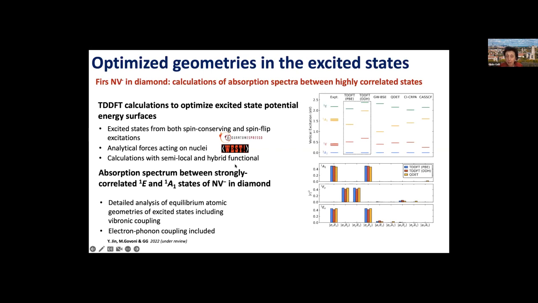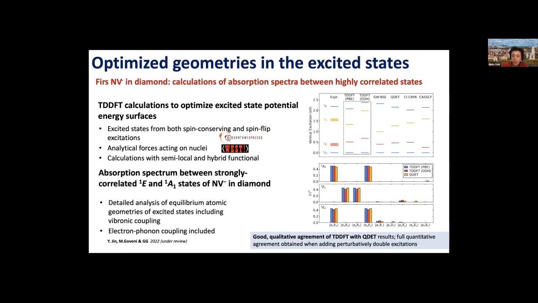And we compared TDDFT spin flip with QDET at fixed atomic positions, and we did find a qualitative agreement. Full quantitative agreement can be obtained only by perturbatively adding the double excitations on top of TDDFT, and we did so. But the qualitative agreement, actually almost quantitative, is pretty good.